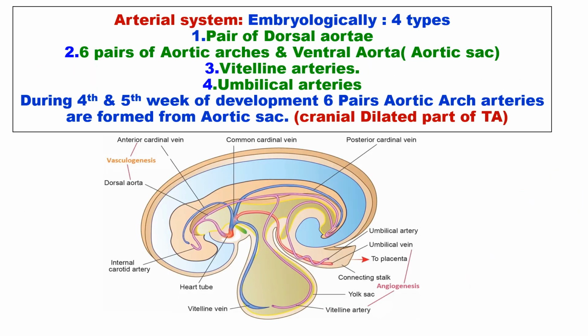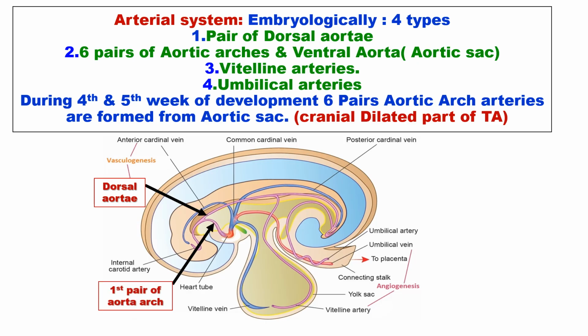Therefore, the arterial system embryologically has four types of arteries. A pair of dorsal aortae, the first vessels which appear in the embryonic stage, followed by the first pair of aortic arches, and then it continues to form six pairs of aortic arches.